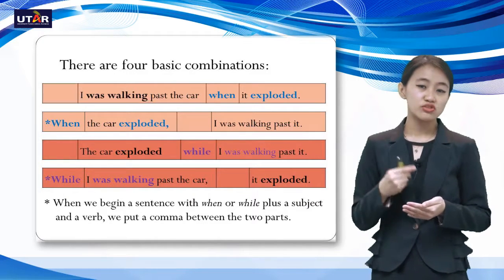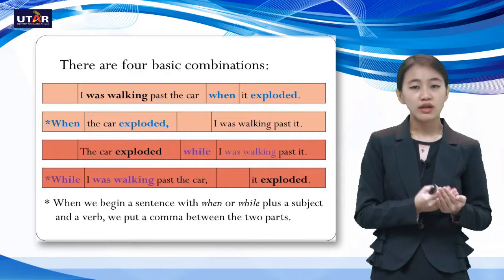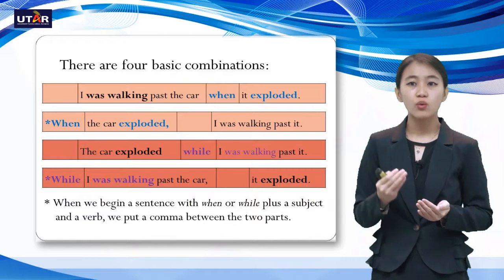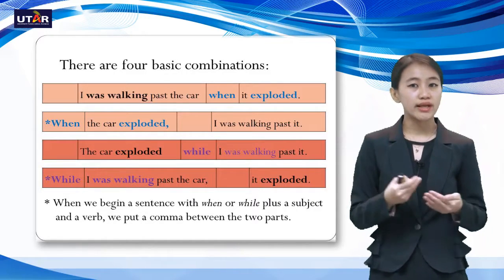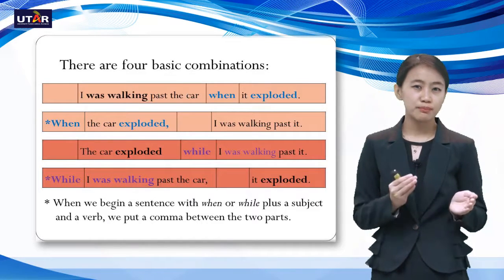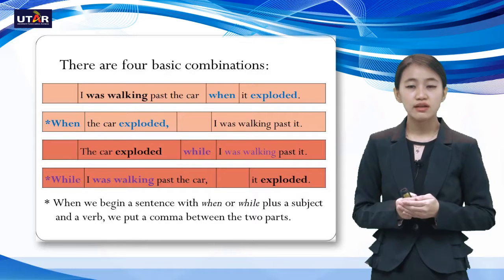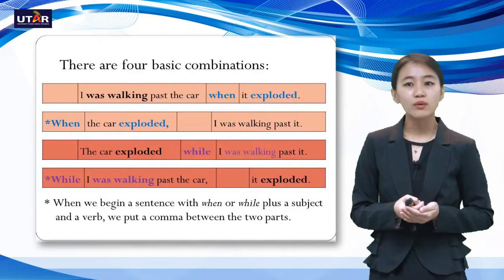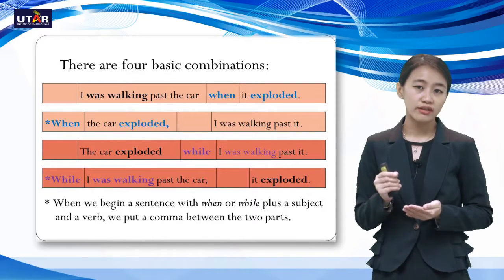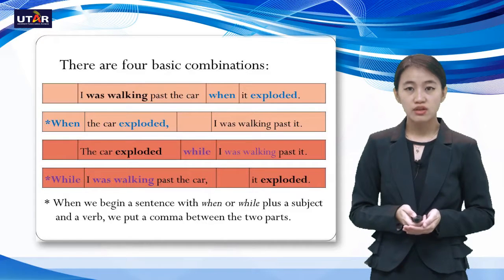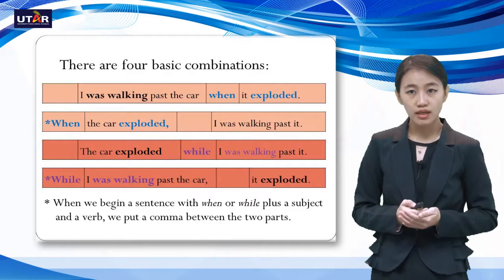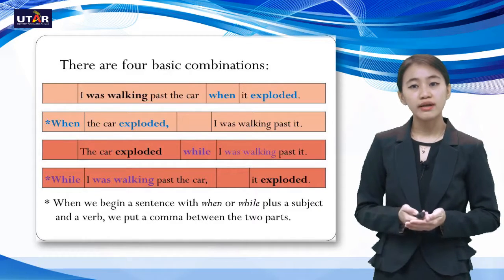If you notice the tone, when I speak having the when in the middle of the sentence, I was walking past the car when it exploded, rather than when I say, when the car exploded, I was walking past it, there's a bit of a pause there. Similarly, while I was walking past the car, it exploded. The reason why there's a comma there is because of that short pause. So please remember, when you start with when or while, there should be a comma, and only then you follow it by your action.